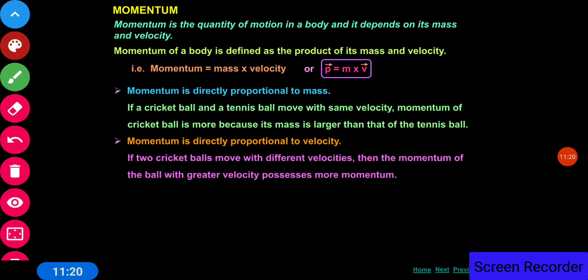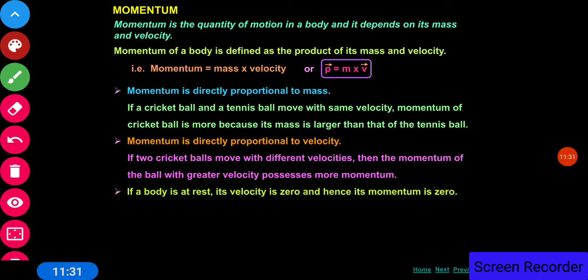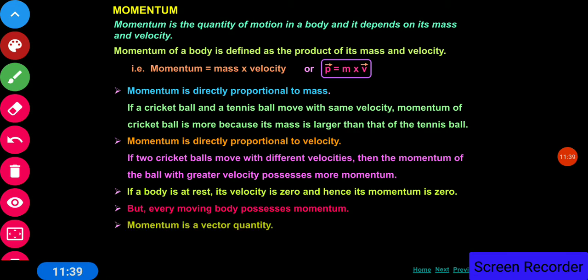If two cricket balls move with different velocities, then the ball with greater velocity possesses more momentum. If a body is at rest, its velocity is zero and hence its momentum is zero. But every moving body possesses momentum. Momentum is a vector quantity.